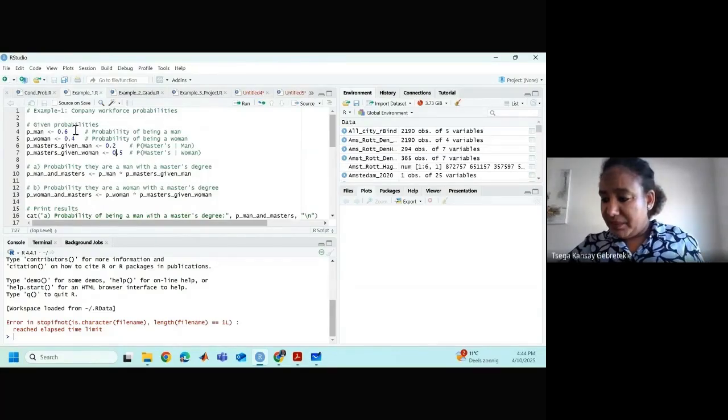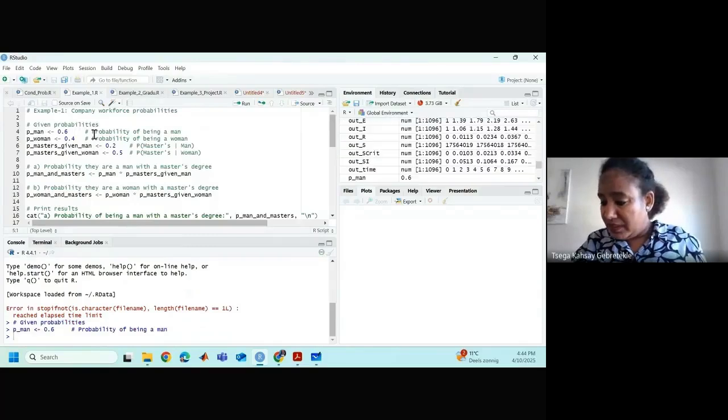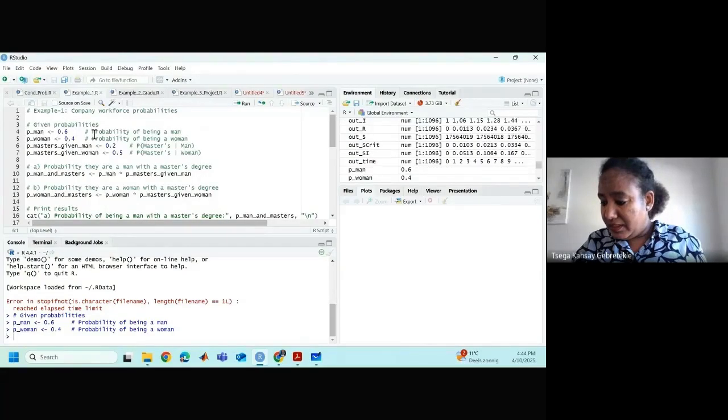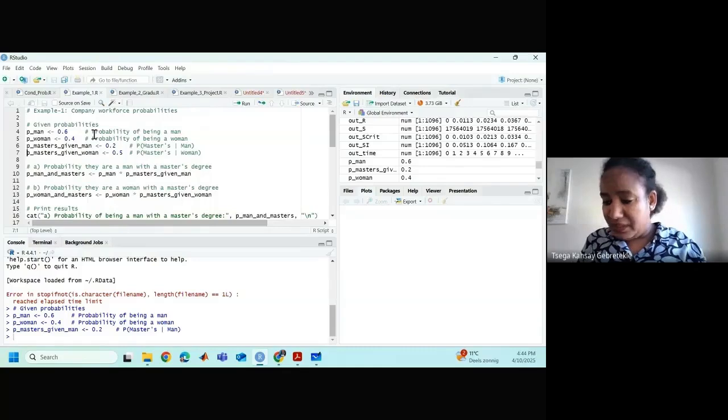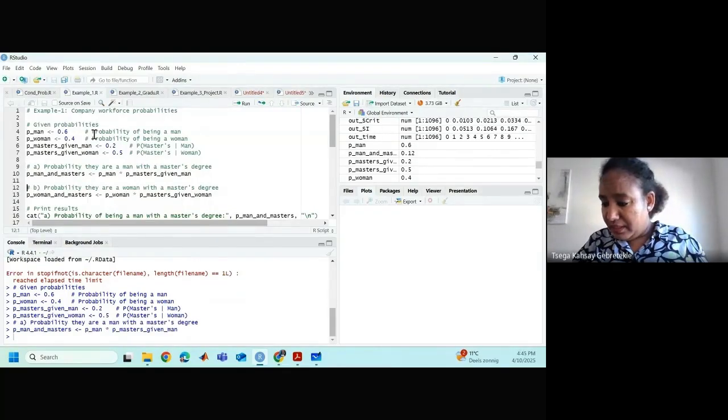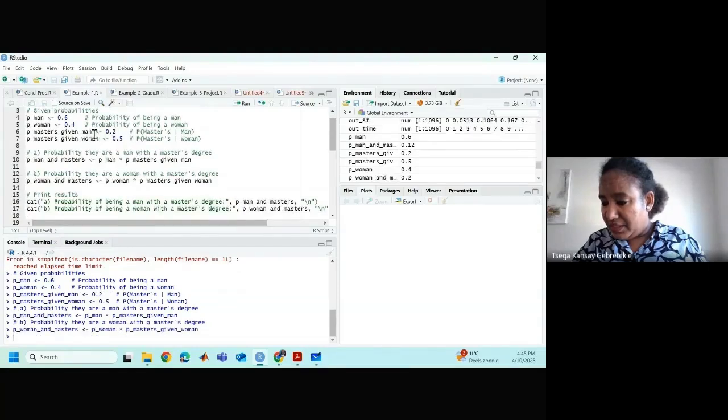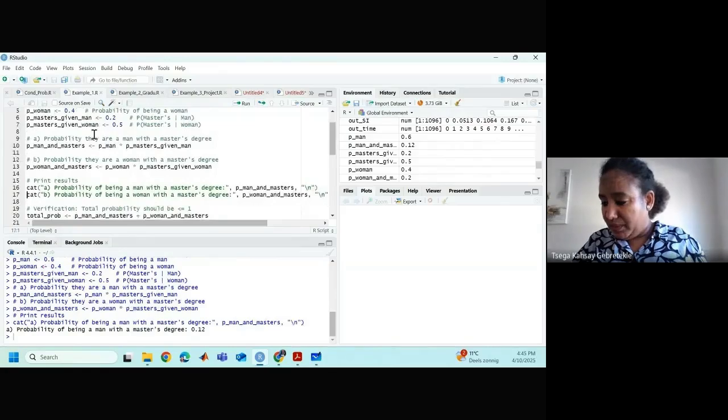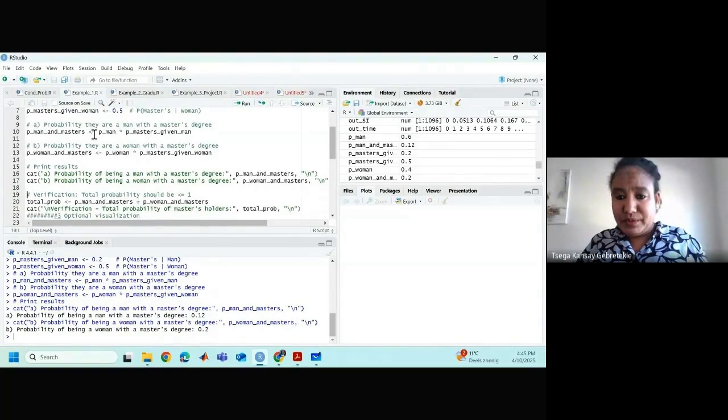Now I'm going to print the result. The result will be 0.12 and then 0.2. So I'm just using the formula to calculate the probability. Nothing else. It's just like using a calculator.